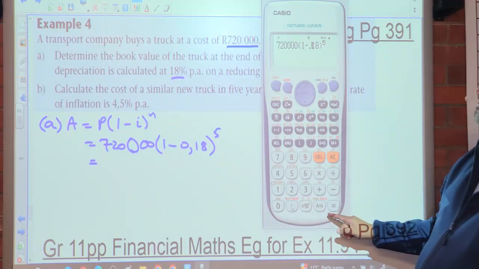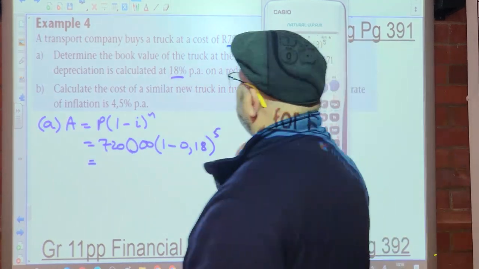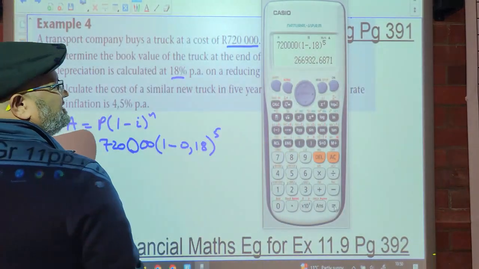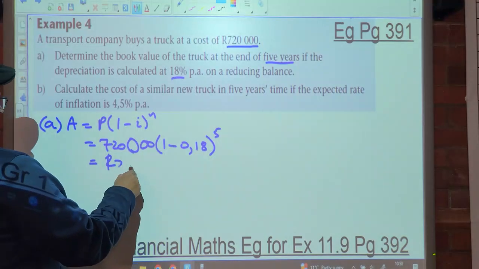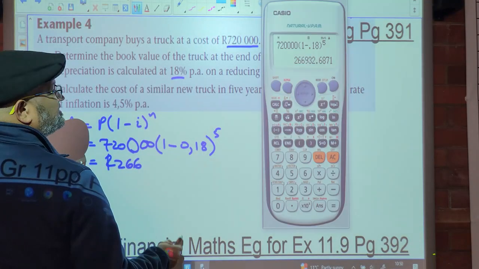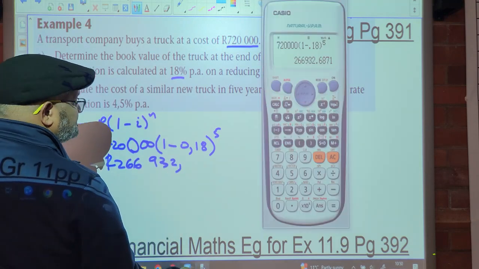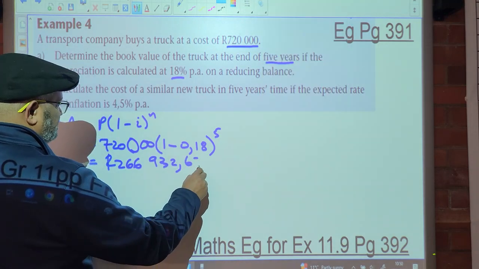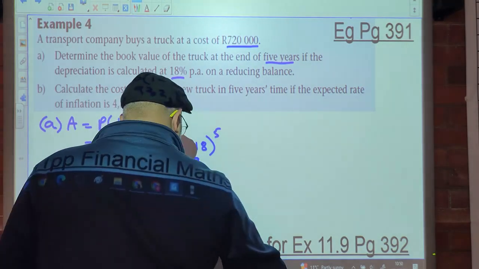So the value of the truck is 266,932 Rand and 69 cents. You all got that? Let's look at B.